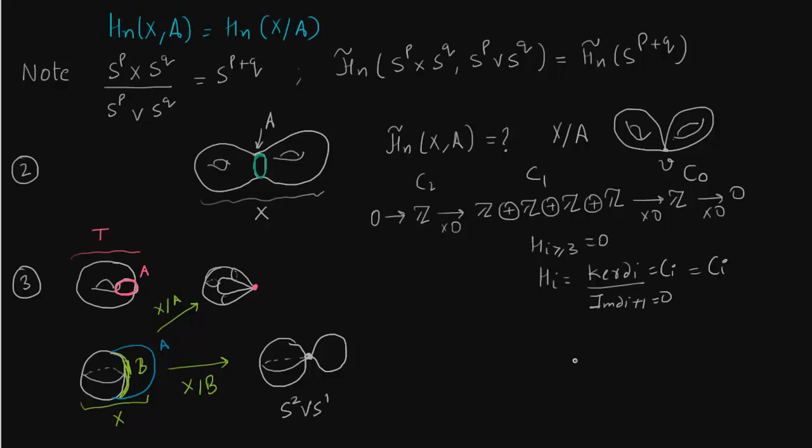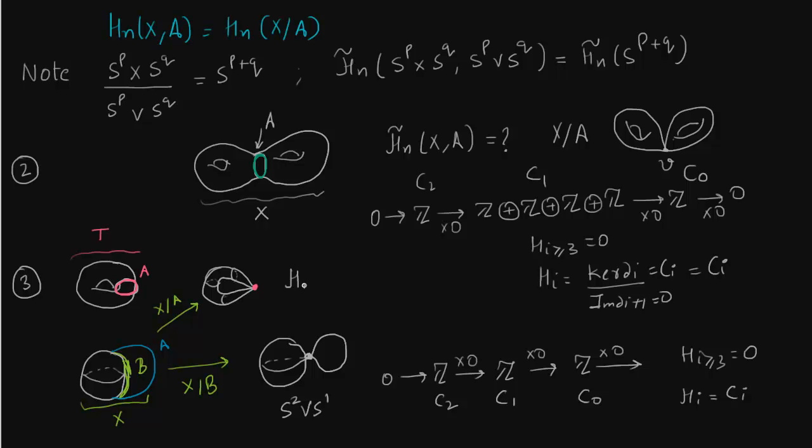So if you want to compute X by A, we have to write the homology group of S2 wedge S1. Again there is a 0-cell, which is a vertex P where both the spaces are wedged, a 1-cell corresponding to S1, and a 2-cell corresponding to S2. Again, reasoning as before, H_i is equal to C_i.